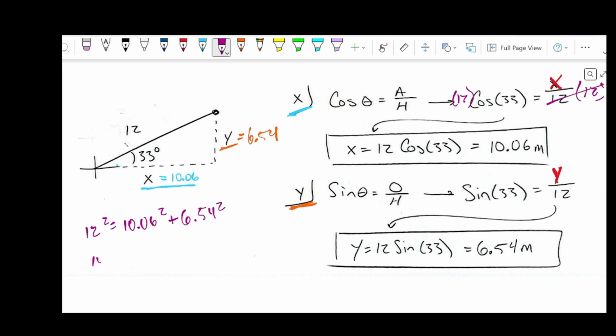It's going to be 144. 10.06 squared is going to be 101.2. And 6.54 squared is going to be 42.77. Add 42.77 and 101.2, you're going to get 143.997, which is pretty close and good enough for me.